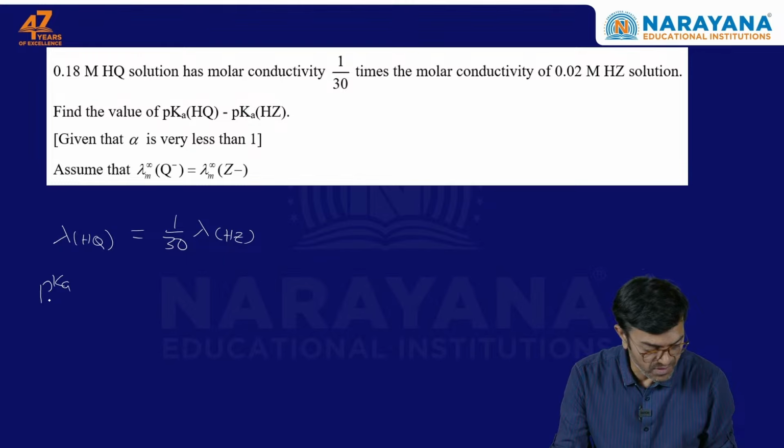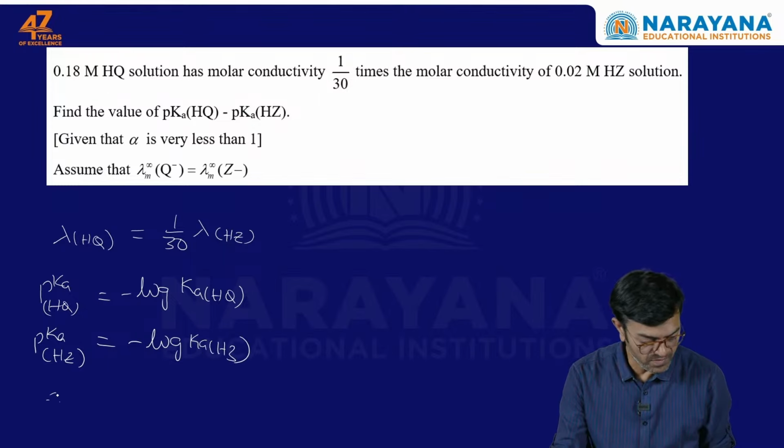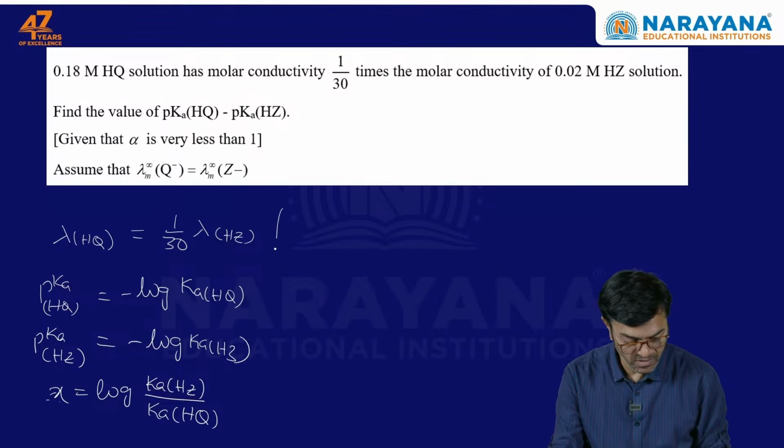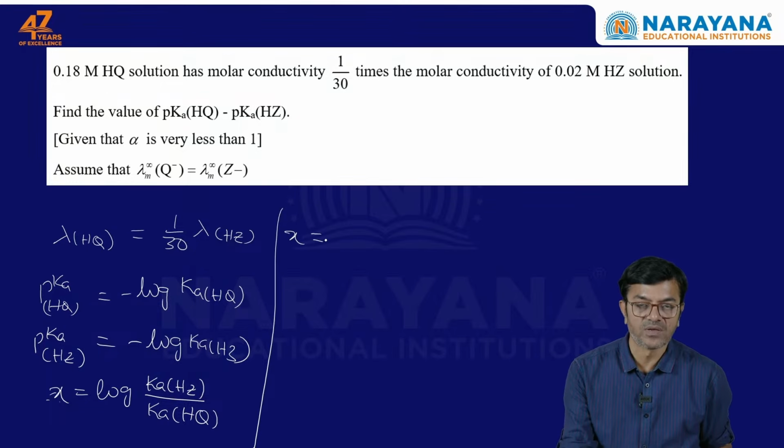So pKa of HQ is minus log Ka of HQ, and pKa of HZ is again minus log Ka of HZ. When you subtract them, it becomes log Ka of HZ by Ka of HQ. Let this value be some x. So x is equal to, we all know K is equal to C alpha square.